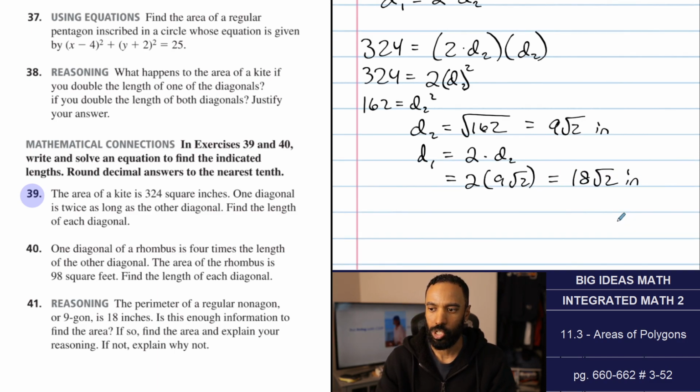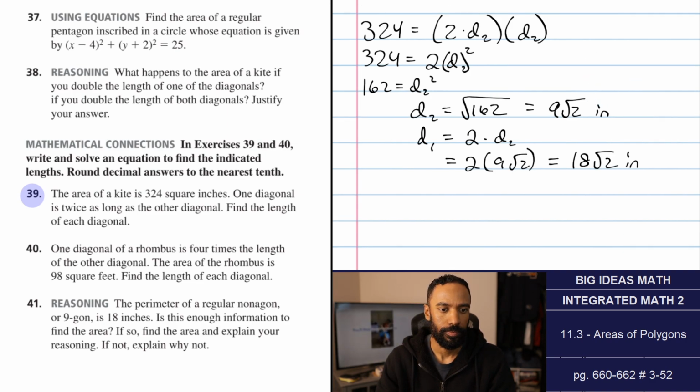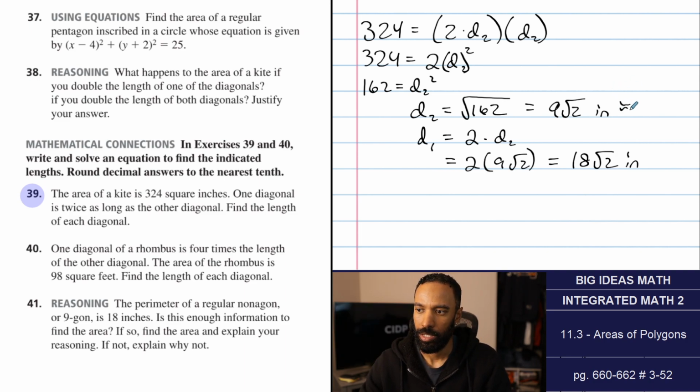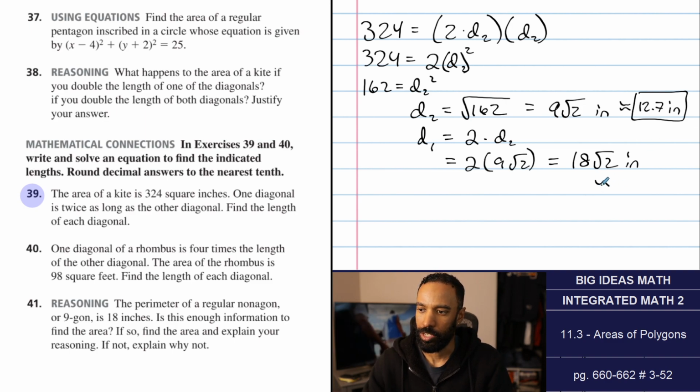Now, they did ask us to round these to the nearest tenth. So 9 root 2 is about 12.7 inches. And 18 root 2 is around 25.5 inches.